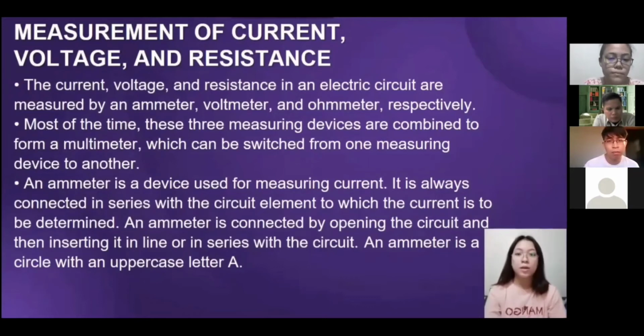It is always connected in series with the circuit element to which the current is to be determined. An ammeter is connected by opening the circuit and then inserting it in line, or in series, with the circuit.